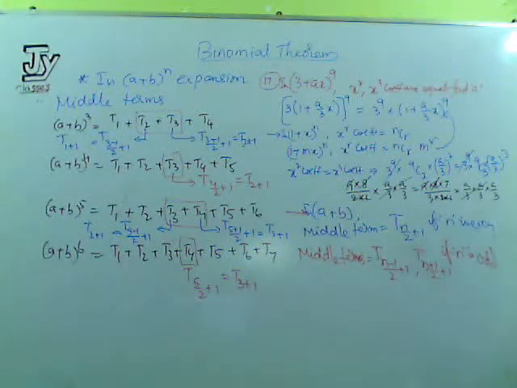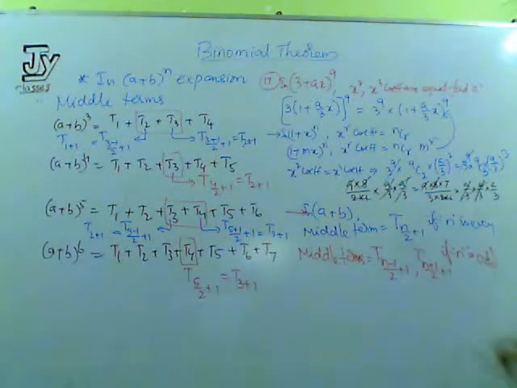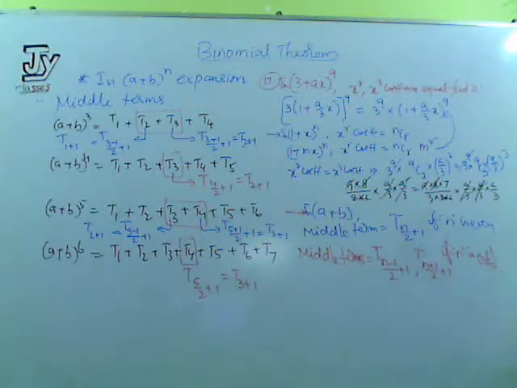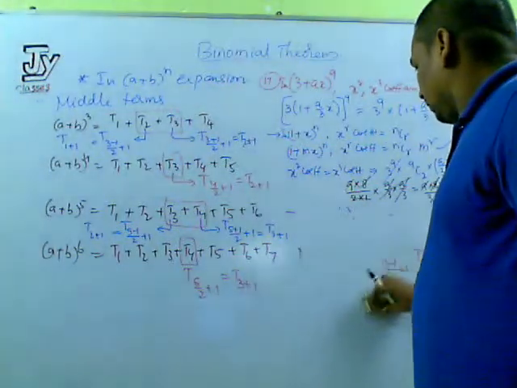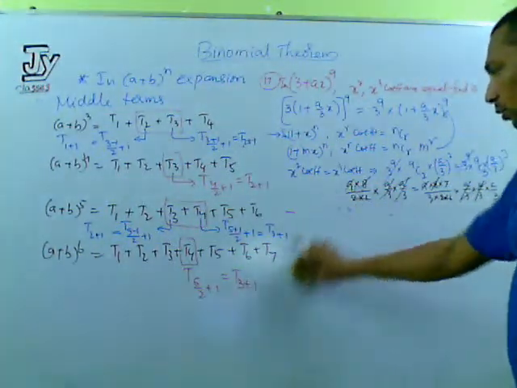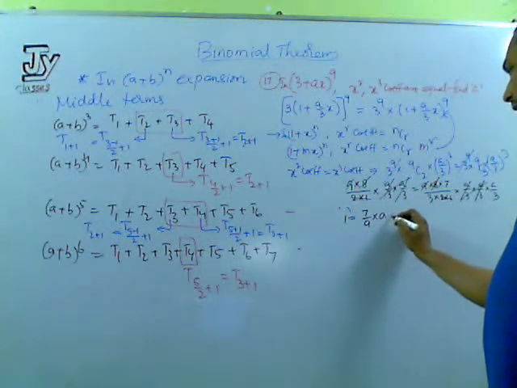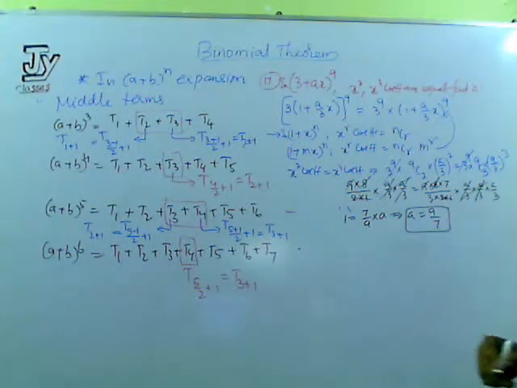What remains? a/3 on one side, and here it is 1, here it is 7/9. So 1 is equal to 7/9 times a. Then a is equal to 9/7. Okay. Make it fast.